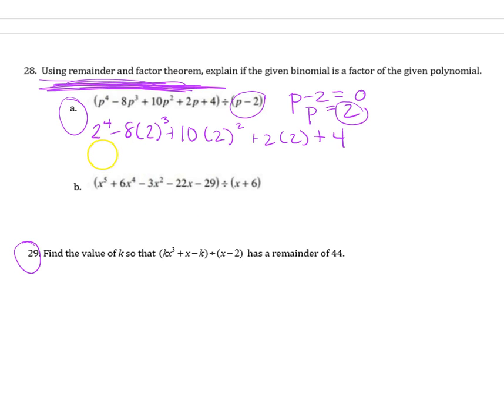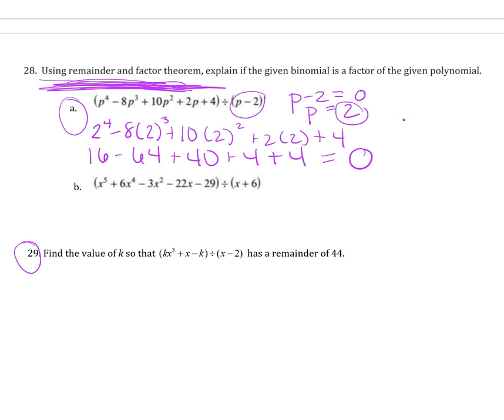So 2 to the 4th gives me 16. This gives me negative 64. This gives me 40. 2 times 2 is 4, and then I still have the 4. If you were to plug this in your calculator, you get this all equal to 0.